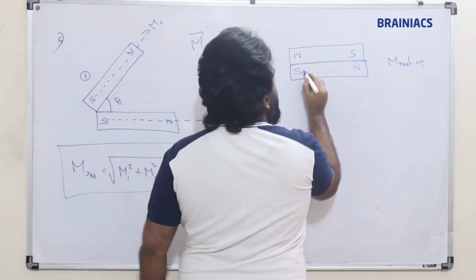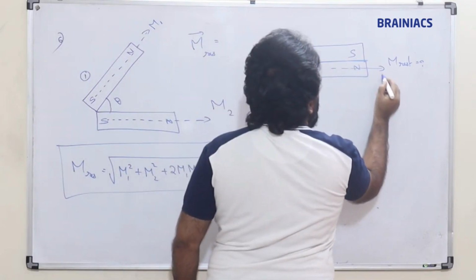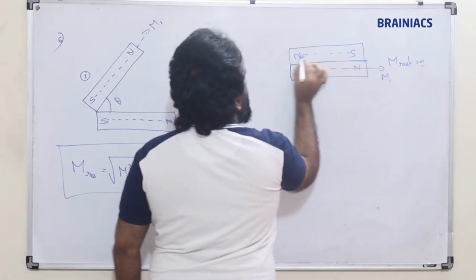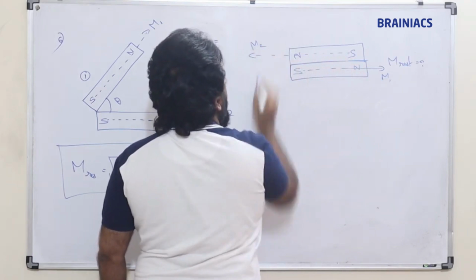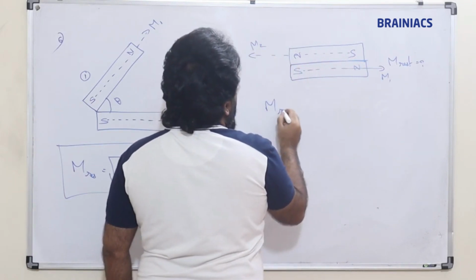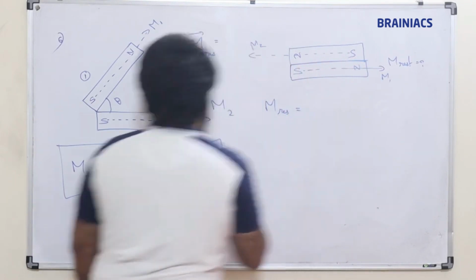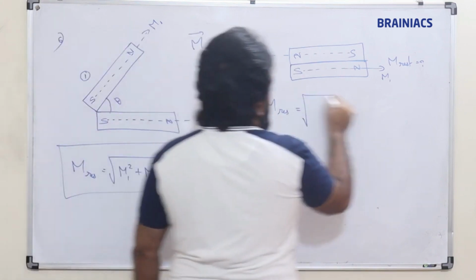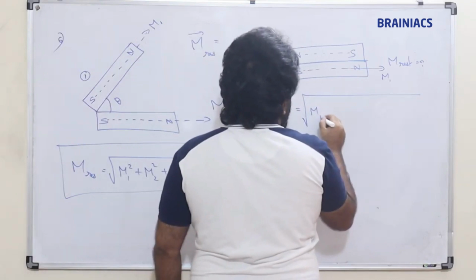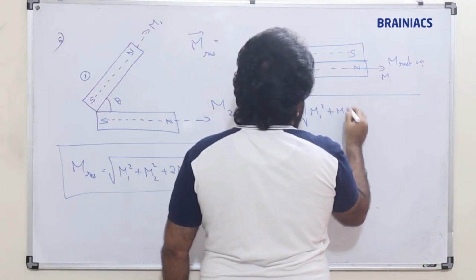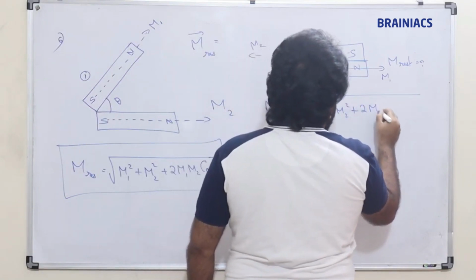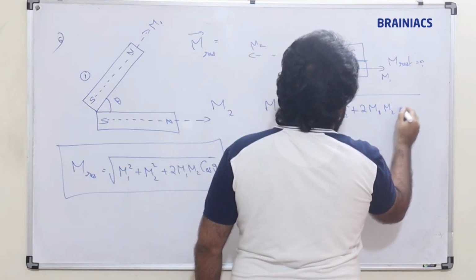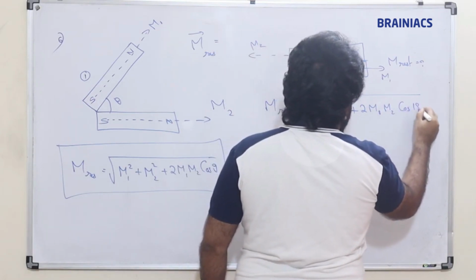The direction of the first one is this and the direction of the second one is this. So M resultant will be root of M1 square plus M2 square plus 2 M1 M2 into cos 180.